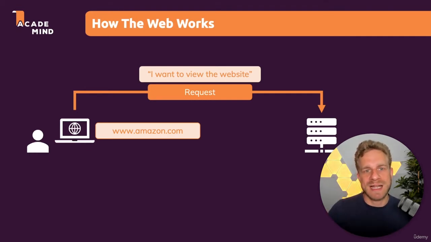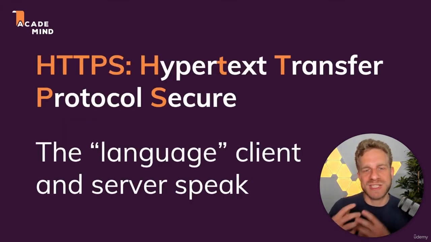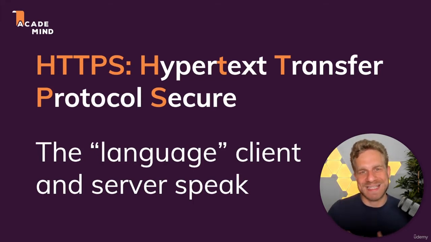The standard that's involved here for controlling that such a request is sent and that this request is structured in a standardized way is called HTTP, which stands for Hypertext Transfer Protocol, or often you see HTTPS, where the S stands for secure, which means that the communication is encrypted between browser and this remote computer.